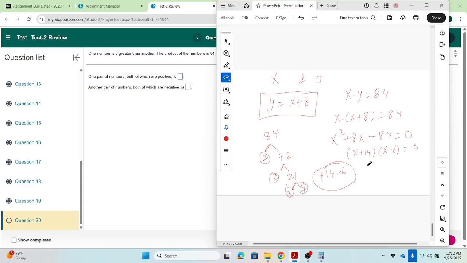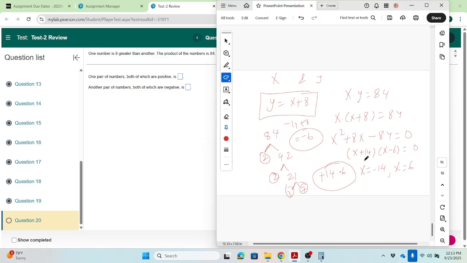If you solve this, one solution would be negative 14 and another solution would be positive 6. If you put negative 14 here, negative 14 plus 8 is negative 6. So y is negative 6.